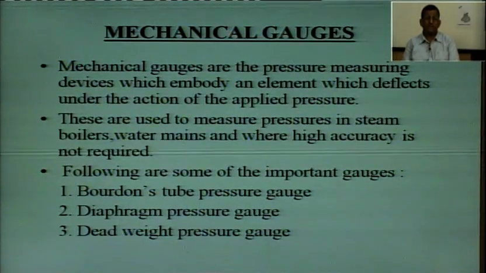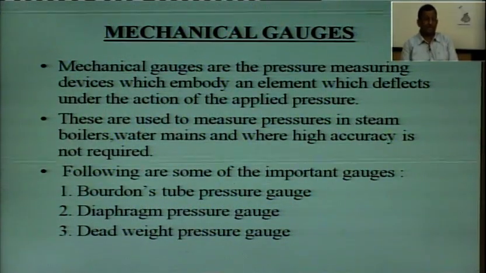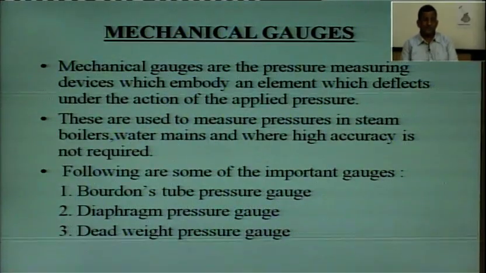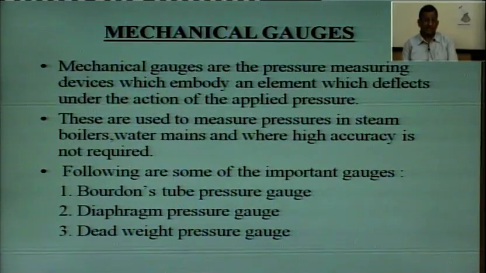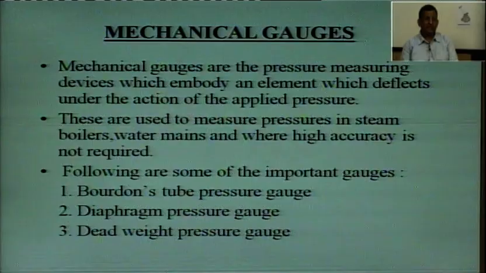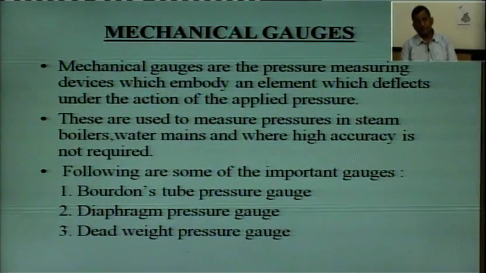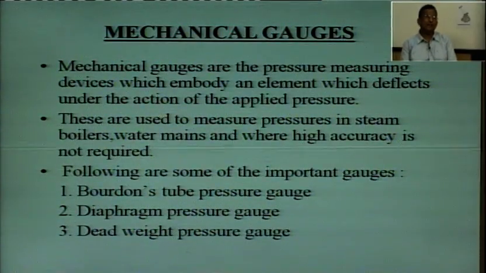There are three different types: first, the Bourdon's tube pressure gauge, secondly the diaphragm pressure gauge, and thirdly the dead weight pressure gauge.